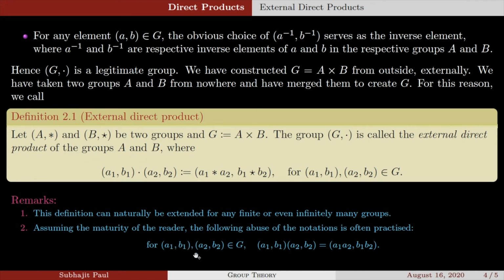Just write (a1, b1)(a2, b2) = (a1a2, b1b2) for (a1, b1) and (a2, b2) in G, and it is to be understood that the multiplication operation over here is different from the multiplication operation over here, which is different from each of the multiplication operations over here. This is the notation we are going to use from now on. We have grown up seeing these kinds of notations.